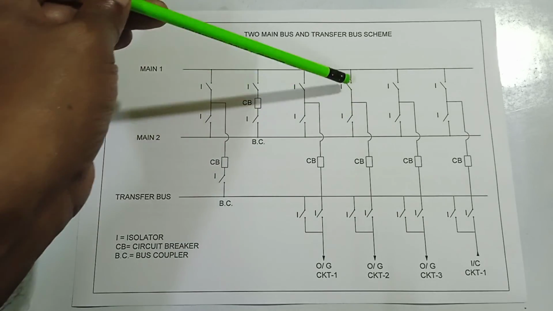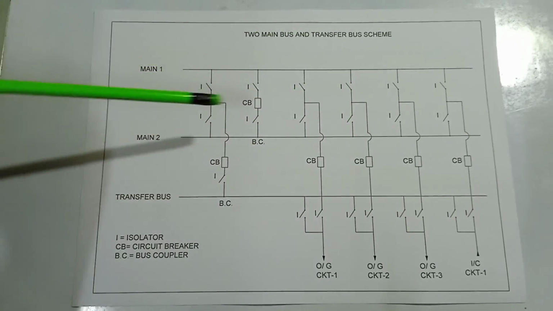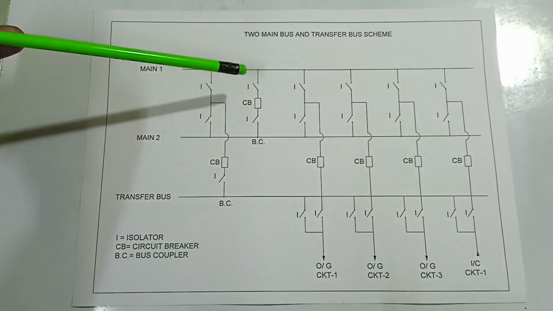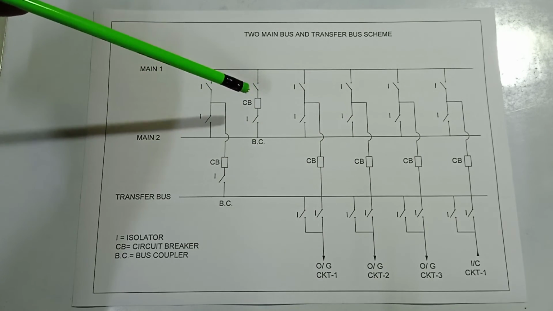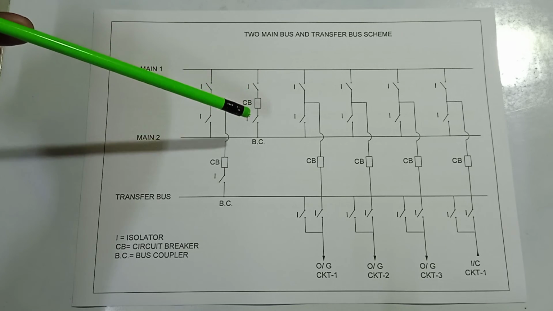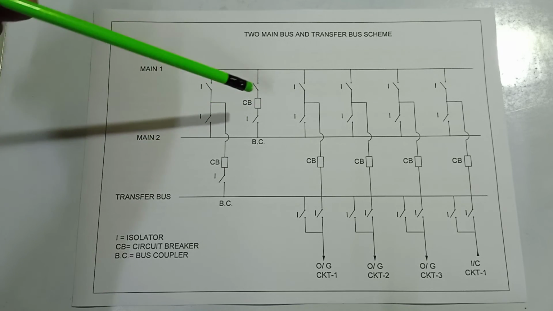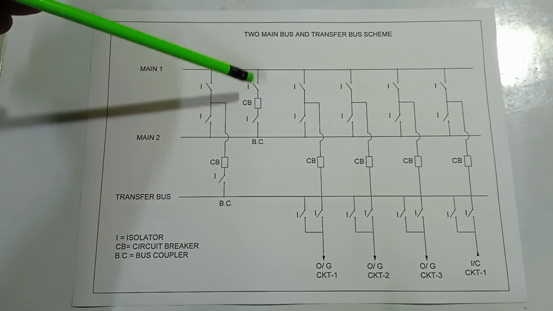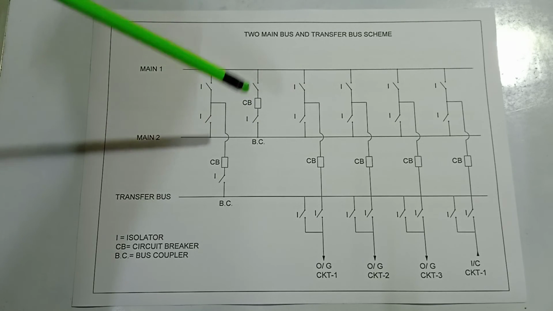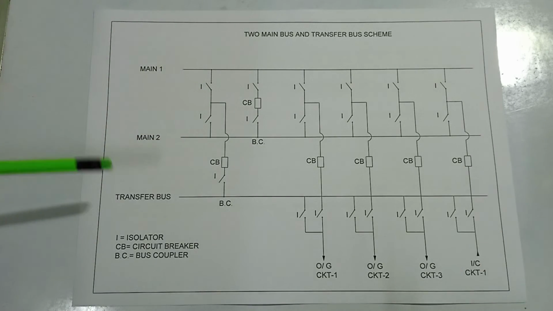This is for changeover. Changeover of isolator is done after closing the bus coupler breaker. After changeover, the bus coupler breaker is opened for maintenance of the reserve bus.